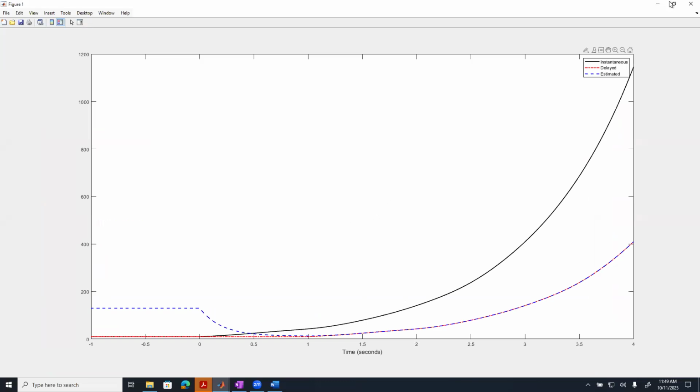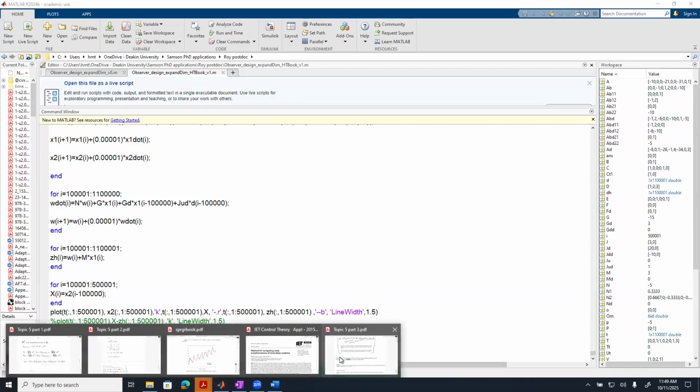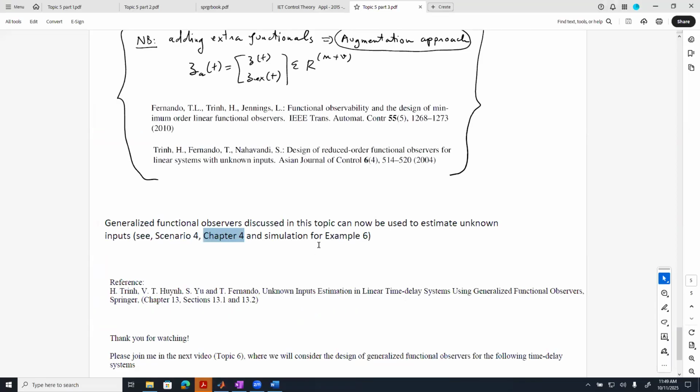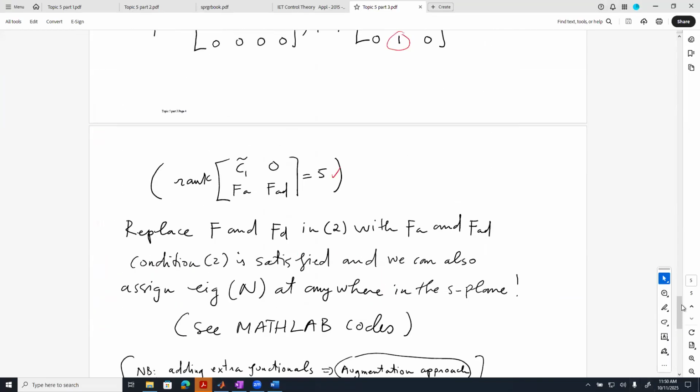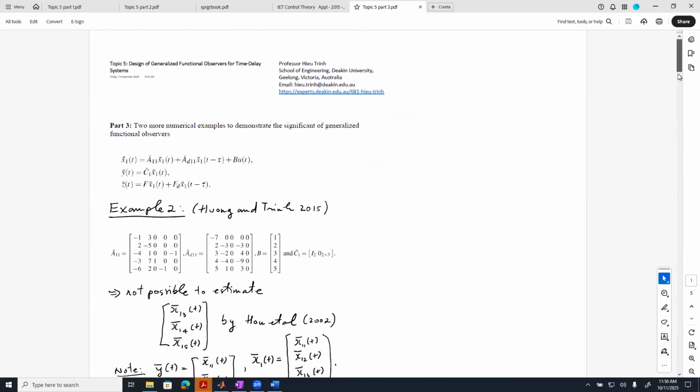And to design a generalized functional observer is a new way of doing it, because in the literature nobody came across this issue yet, and that's why we found that there was no discussion about that generalized functional.